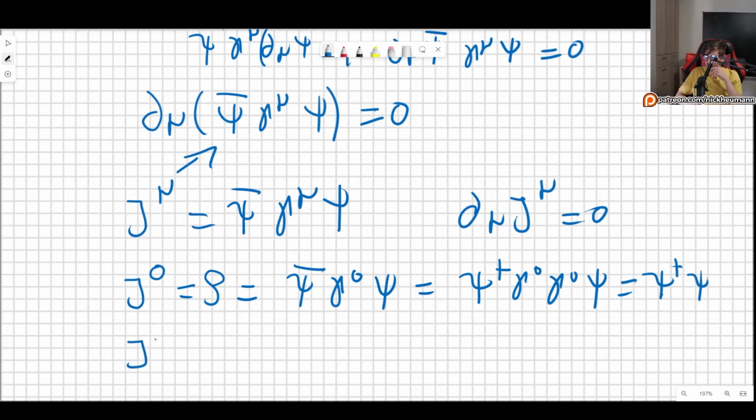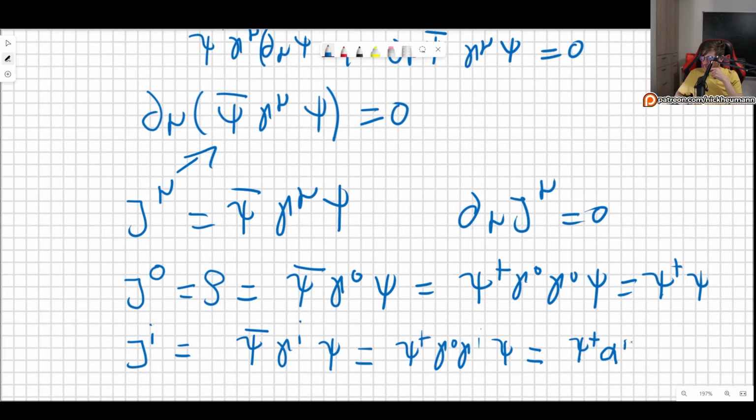What about the j^i's, the 1, 2, 3? That's going to be ψ† γ^0 γ^i ψ. There's not particularly much we can improve here. And this is what we defined as the alpha i's, so ψ† α^i ψ.